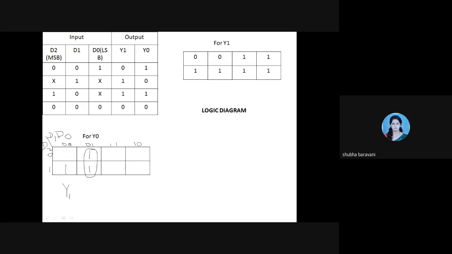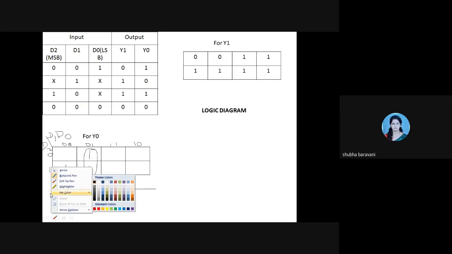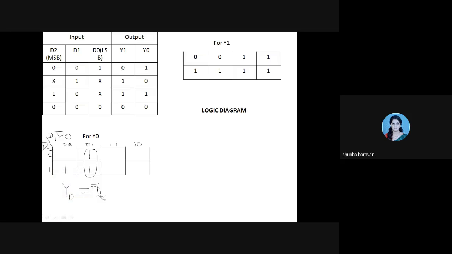So my y naught results in, दोनों को group किया तो my output is d1 bar d naught, plus I group these two. So I have d2 and d1 bar. अभी ठीक है? Understood now?